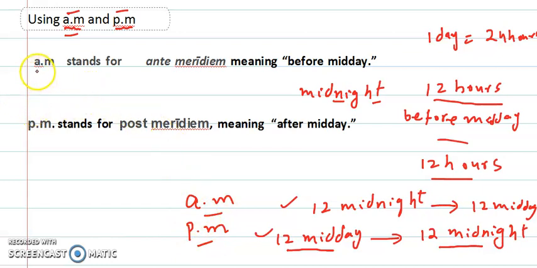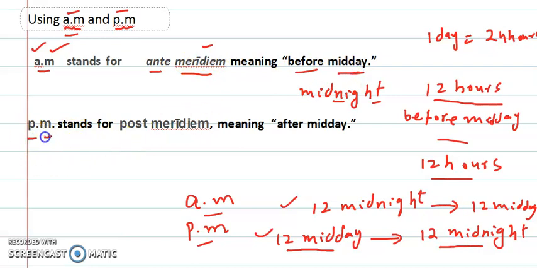This word AM is an abbreviation of the Latin words ante meridiem. A stands for ante, M stands for meridiem. Ante means before, and meridiem stands for the midday.